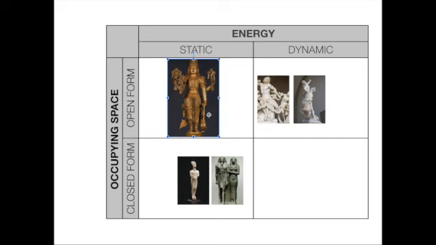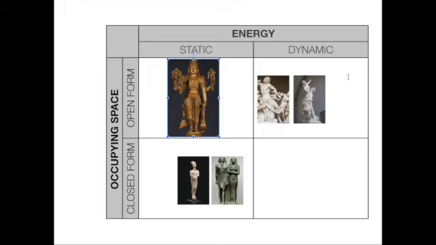Right? It does have the busy contour, but when I look at the figure as a whole, the figure is standing, right? The knees are locked, the arms are straight and rigid, right? So despite the fact that the outer contour is busy, which we typically think of as a dynamic form, the overall sense that this particular figure is giving is that it is kind of solid and static. My interpretation at the very least, right?